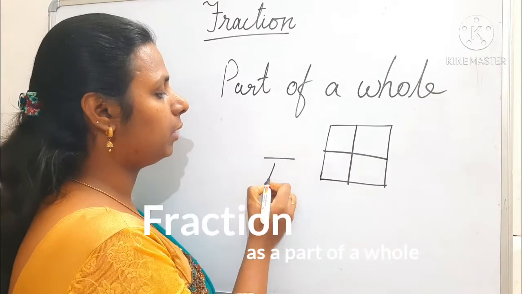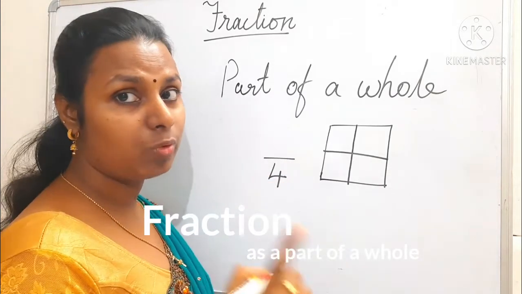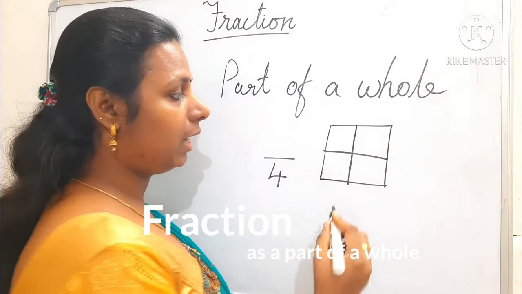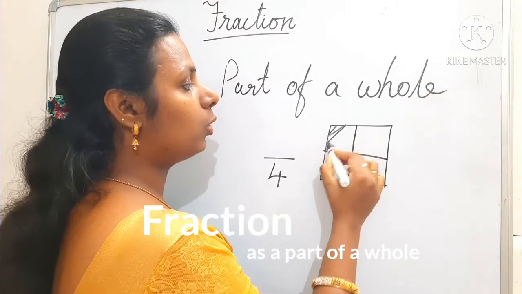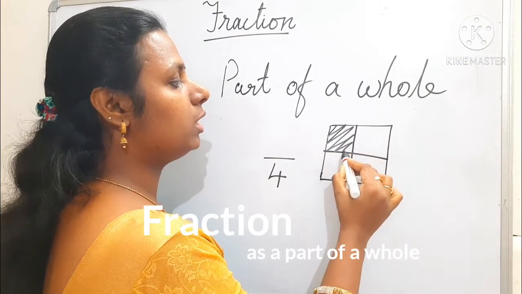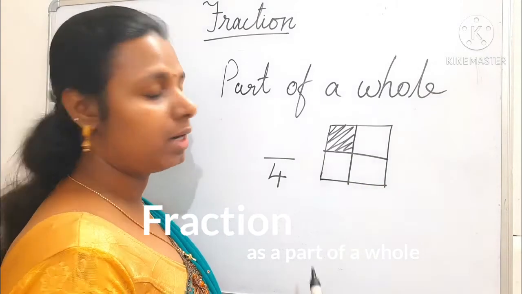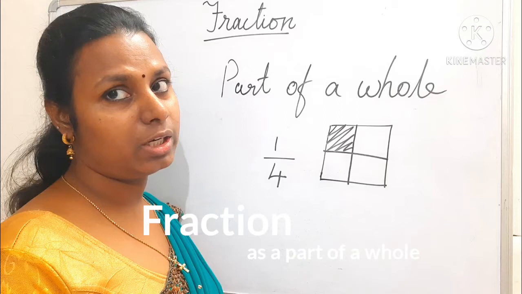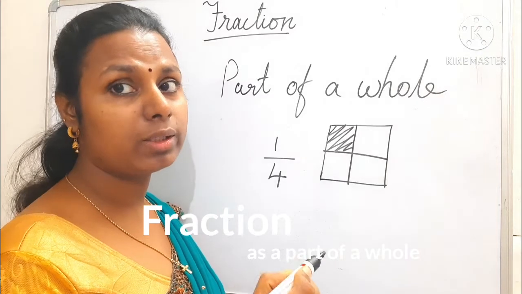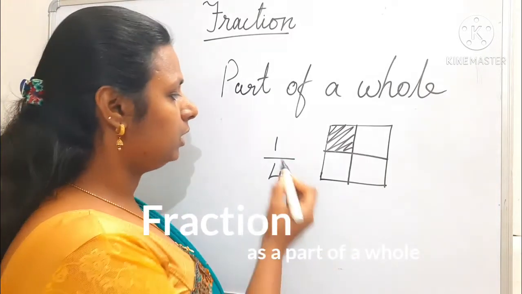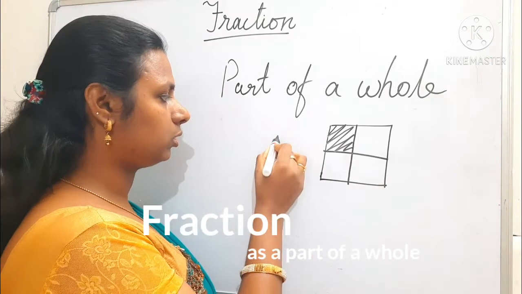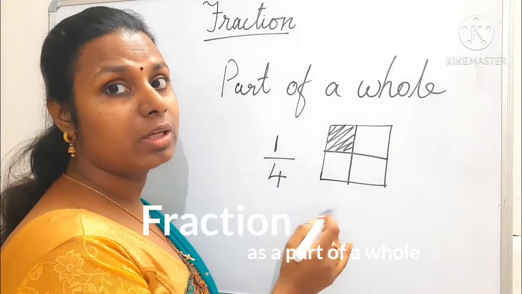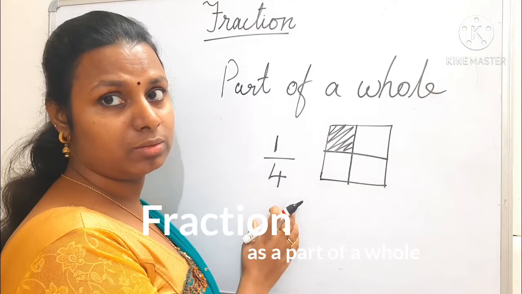So, total number of parts we will write down, and how much you need, the shaded parts, you write on the top. This 1/4 is the fraction.